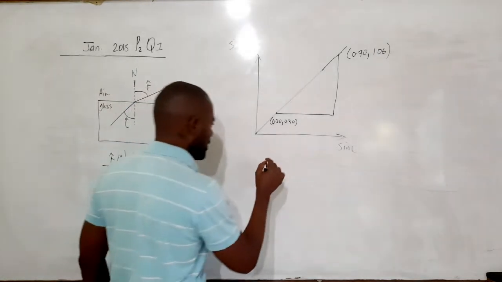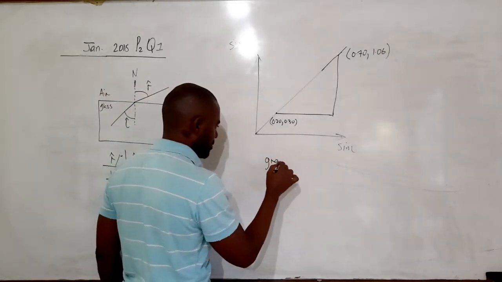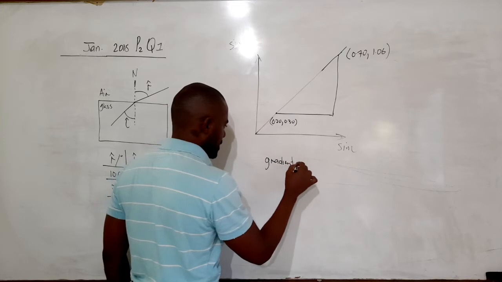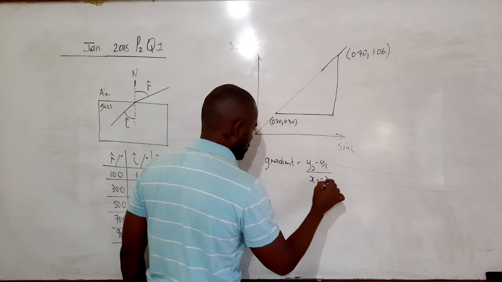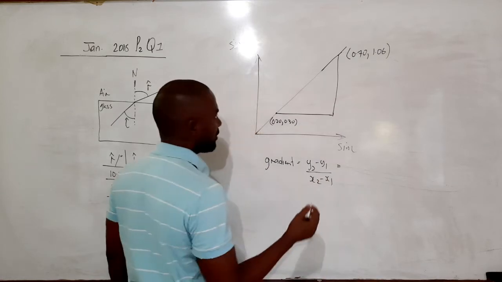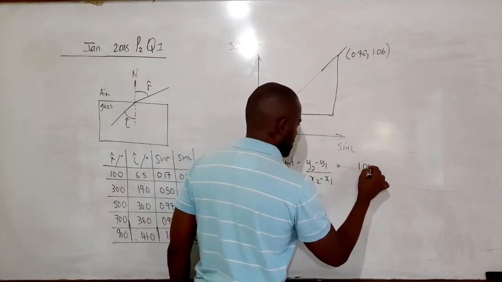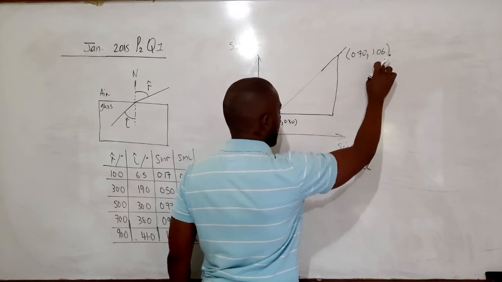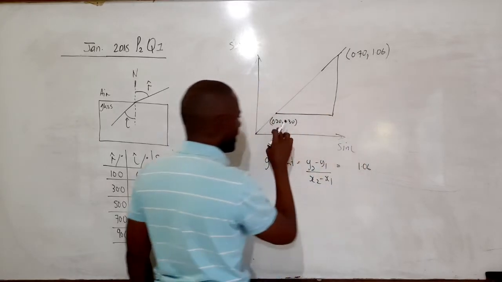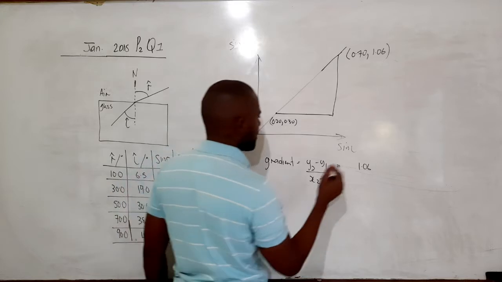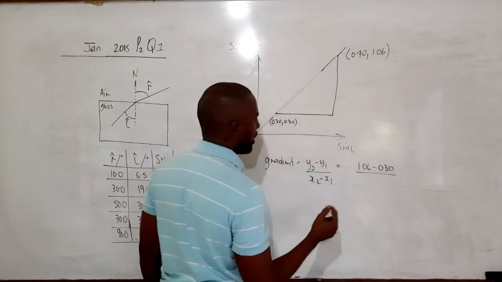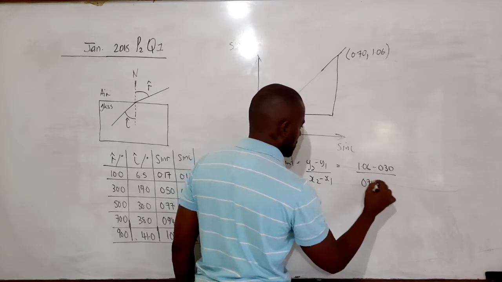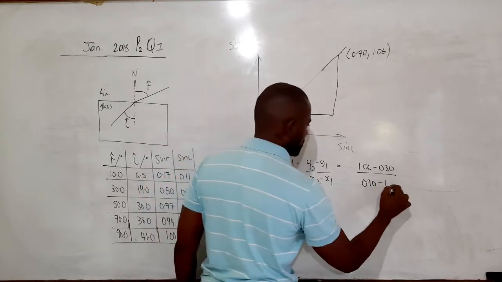So the gradient equals y2 minus y1 divided by x2 minus x1. So using this point as our x2 y2, and this as our x1 y1, this would have given 1.06 minus 0.30 divided by 0.70 minus 0.20.